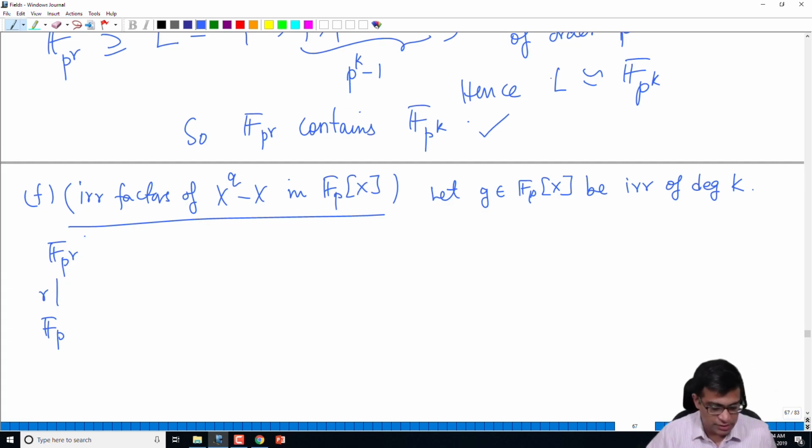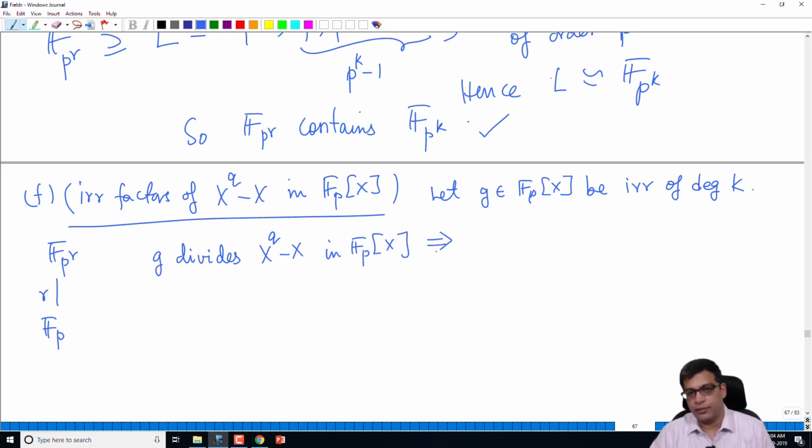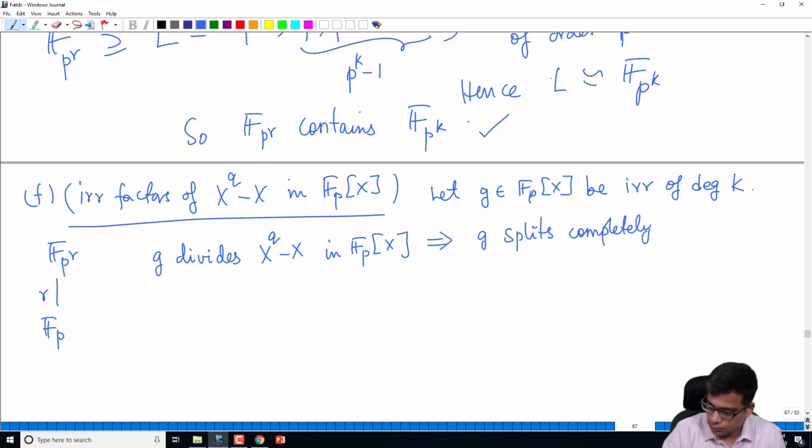So this is a degree r extension. Now suppose g divides x power q minus x in Fp[x]. It is the same as dividing in Fq[x], but I will not stress that here. Suppose g divides this in Fp[x], then g splits completely in K, which is F p power r.